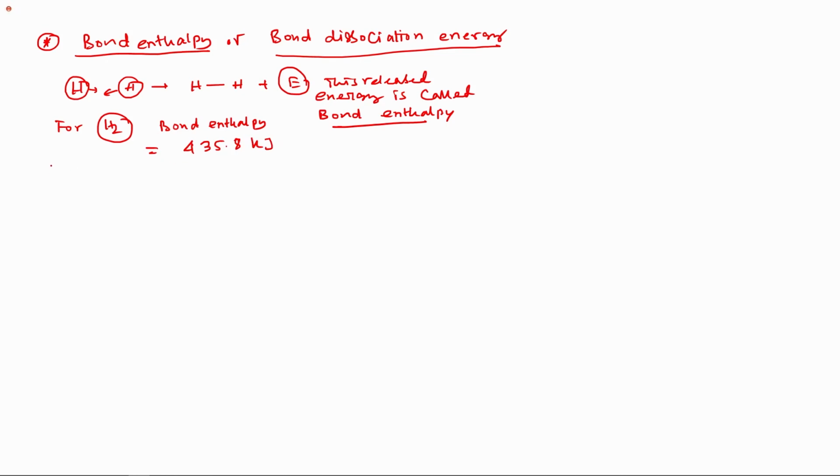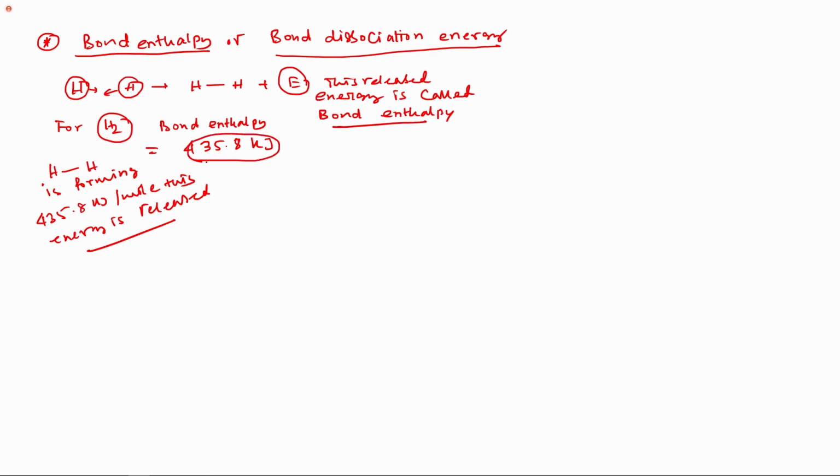That means that when a hydrogen-hydrogen bond is forming, 435.8 kilojoule per mole of energy is released. So that is called the bond enthalpy. To make the bond we need this amount of energy.